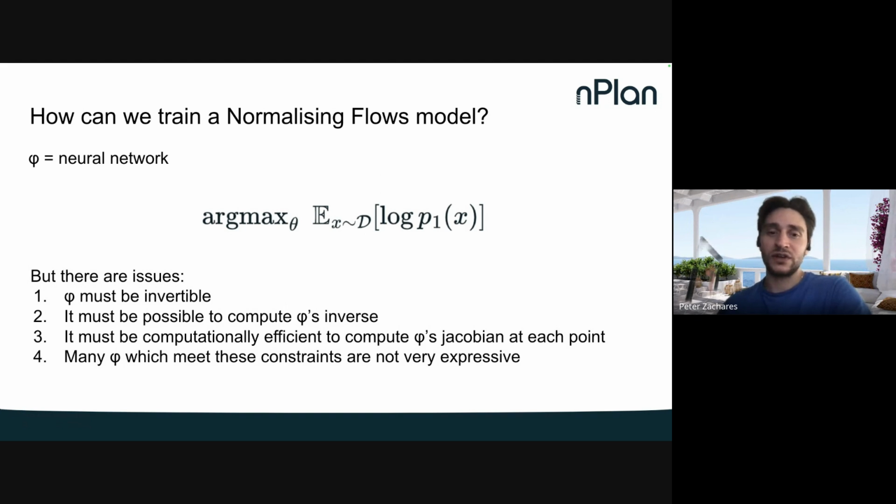So if you're using very simple normalizing flow networks phi, you won't really be able to approximate it easily. You want something which meets all of these constraints and is also quite expressive, so it can transform a relatively simple distribution into a very complex one.